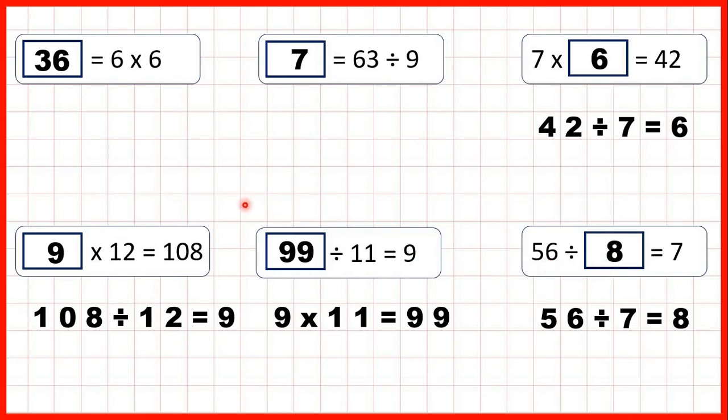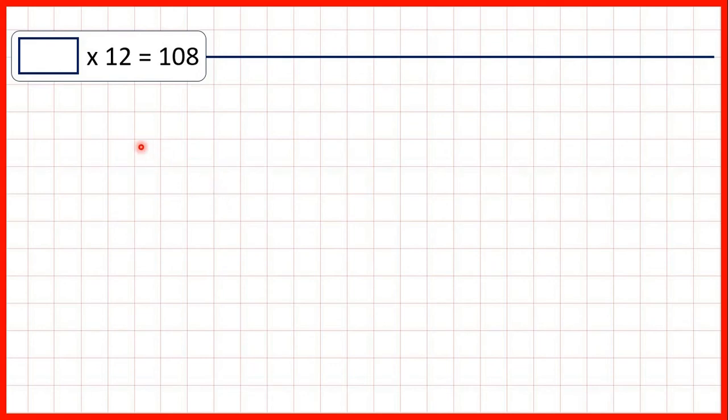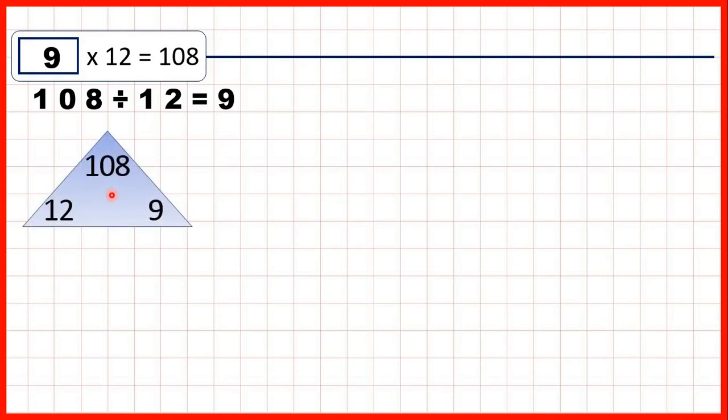Now let's take a closer look at some of these questions. What times 12 is 108? Well, we solved this by dividing 108 by 12 to get 9. So we know that 9 times 12 is 108. Now what we can show to represent this is a multiplication triangle. So we have 12 and 9 at the bottom and 108 at the top. And from one triangle, we can infer 4 different facts.